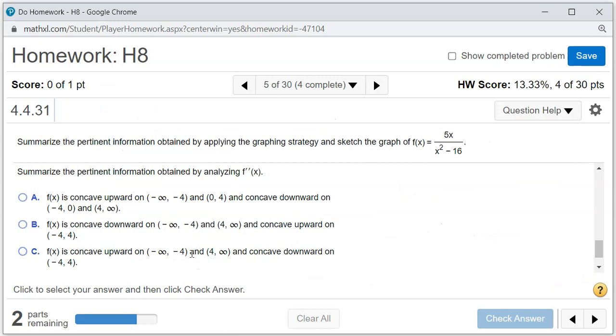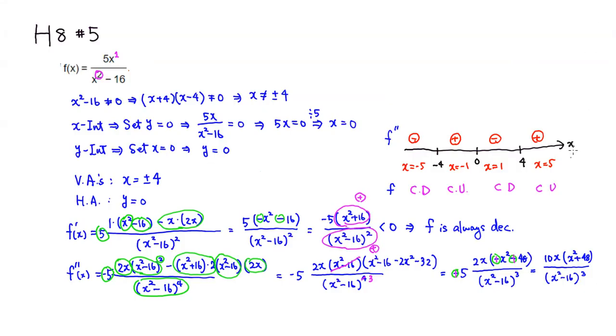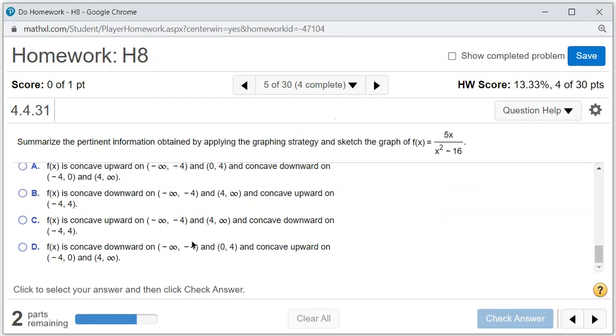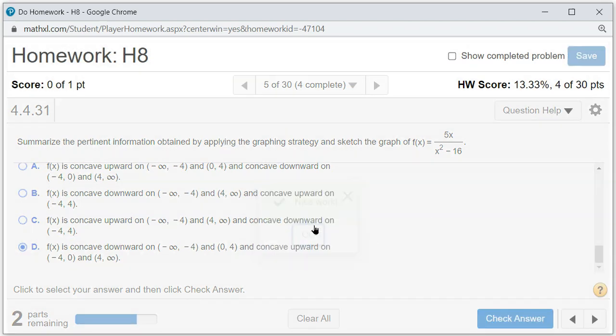Concave downward on 4 and infinity, concave upward on -4 to 4, that's actually not the case. Oh, actually, I didn't know there was a choice. This is the one. All right, found the answer.